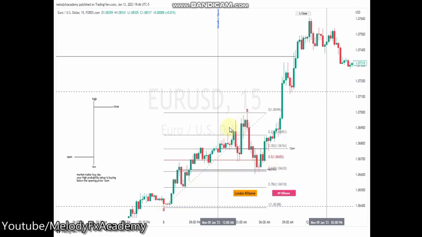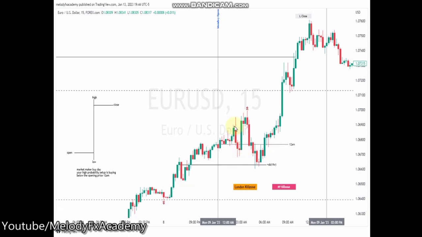So from this low to that high, price drops down below the midpoint, which is equilibrium, into discount. So now we are looking for 2 things. We are looking for a discount array below midpoint or close to it. Then we are looking for a run below sell side liquidity. We are looking for a run into sell side liquidity, which is below an old low, okay.